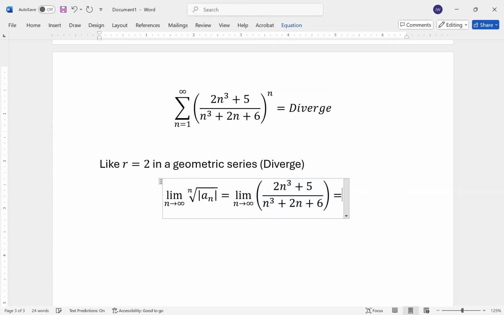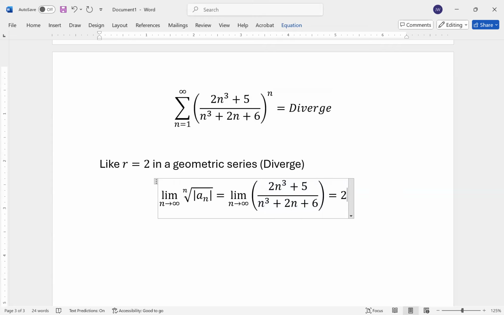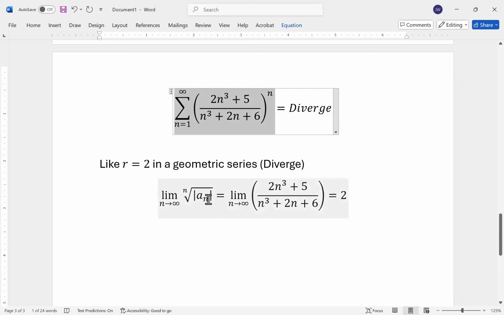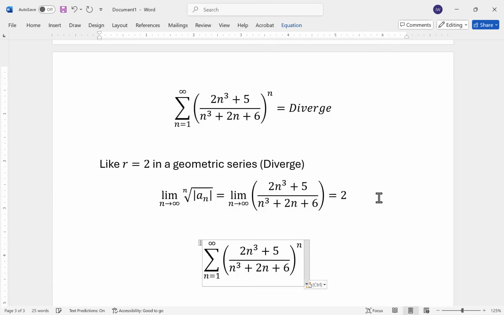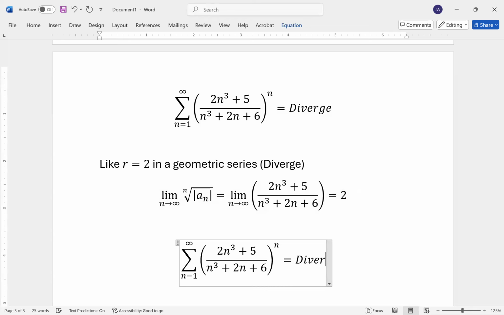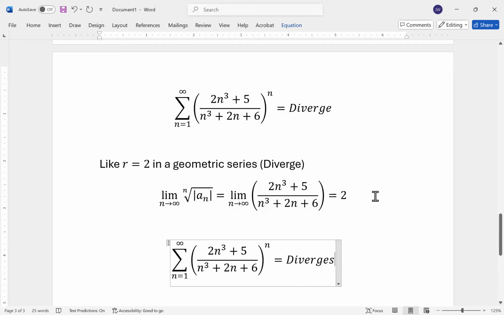Which in fact is 2, which is bigger than 1, therefore the infinite series diverges. So if you want to do it formally, you go ahead and do the formal calculation of that limit. If you want to just say, oh, that looks like an R of 2, and therefore the infinite series diverges, that's fine as well.